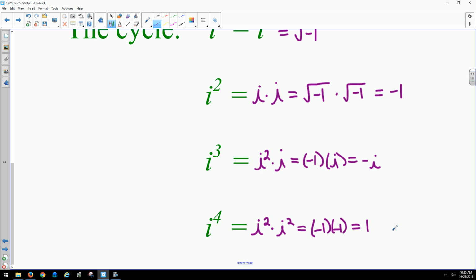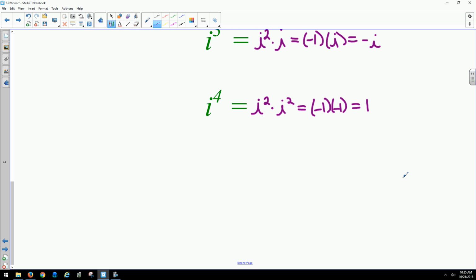And once we try to do more from there, this cycle just repeats itself. So let's say I tried to do i to the 5th power. That's really i to the 4th times i to the 1st, which is 1 times i, which is i.